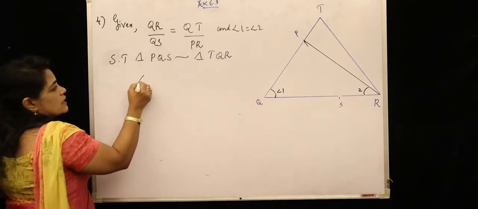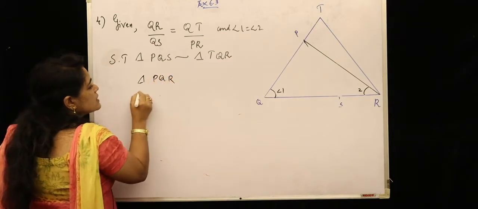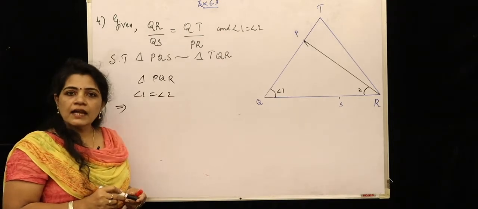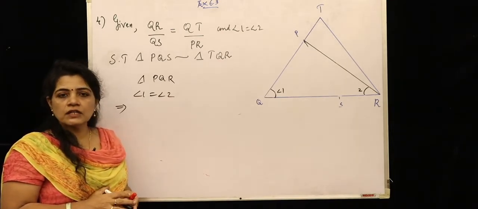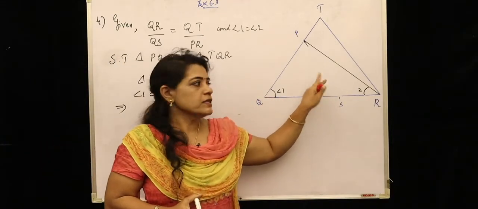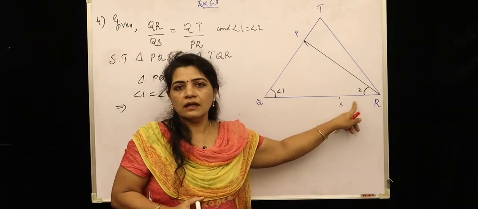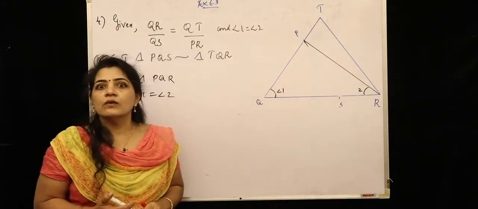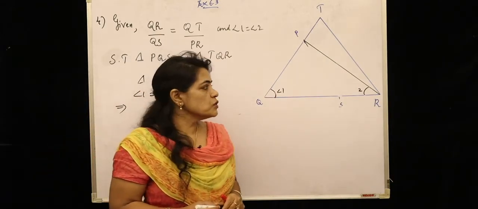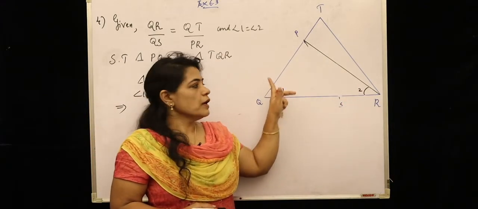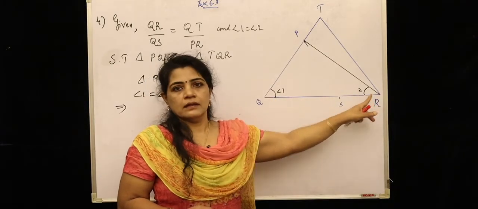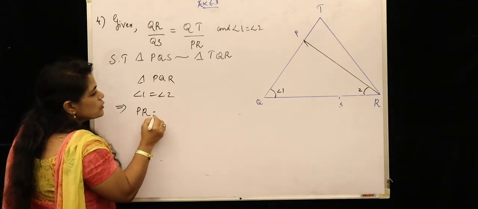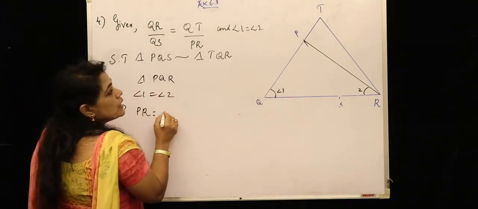So, consider triangle PQR, and since angle 1 equal to angle 2, can you say that angle 1 and angle 2 are the base angles of triangle PQR? That means triangle PQR is an isosceles triangle, where the sides opposite to equal angles are equal. Which is the side opposite to angle 2? That is PQ, and for angle 1, PR. So from this you can write PR, the side opposite to angle 1, equal to PQ.